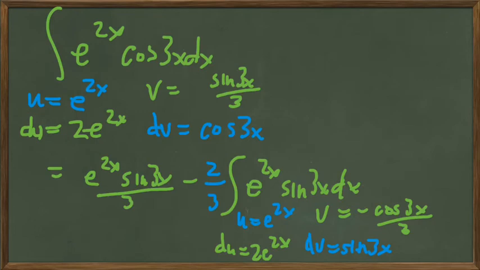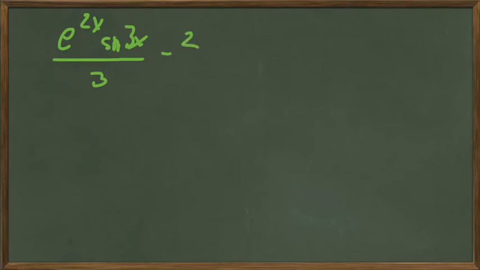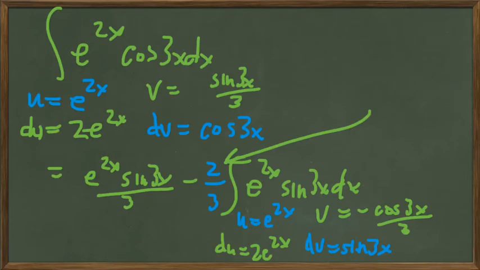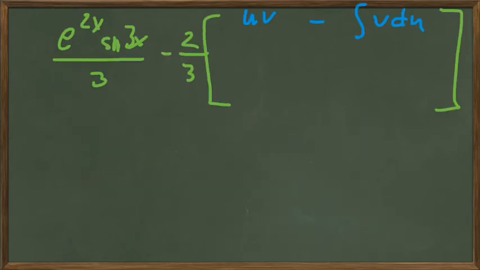And then for this term right here, we're going to put the 2/3 out front, and then put in the new uv minus the integral v du. And remember, the u was e to the 2x and the v was minus cosine 3x over 3.